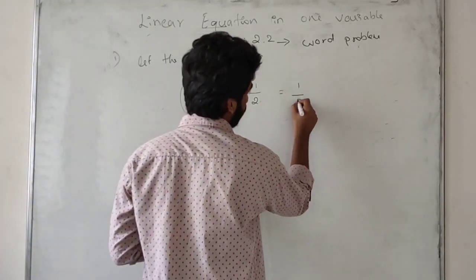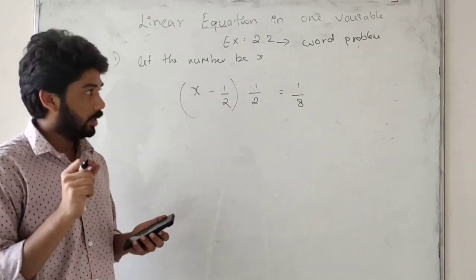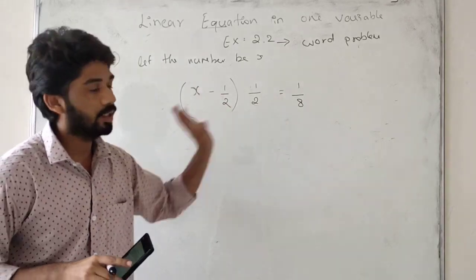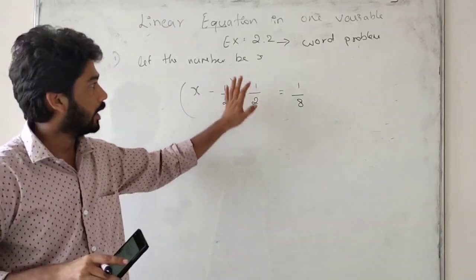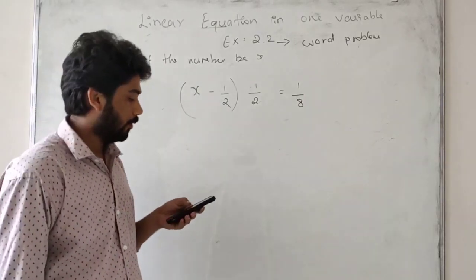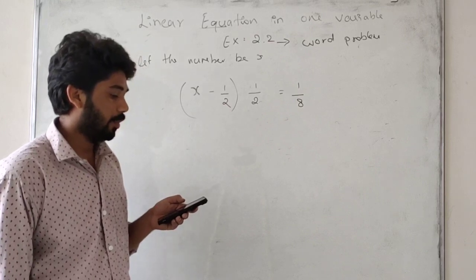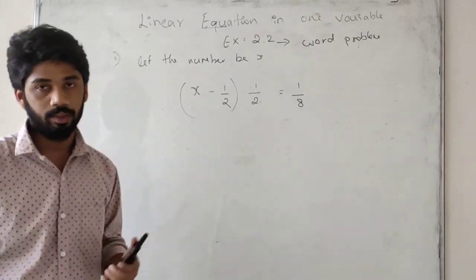What is the number? In this exercise we only have word problems, so try to understand the question and write the data as it is, so that you will get the answer. I will read it one more time: if you subtract 1 by 2 from a number, and multiply the result by 1 by 2, you get 1 by 8. What is the number? So this is the question.